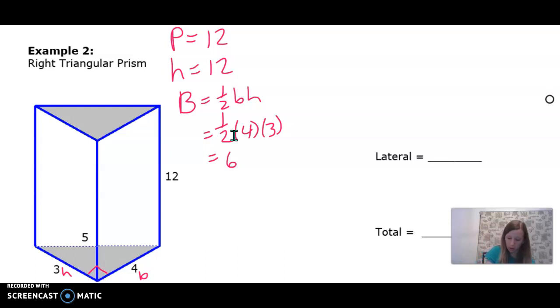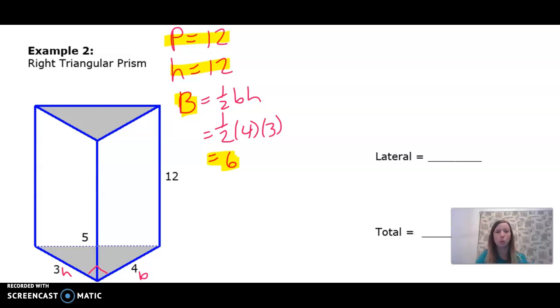I know that took a little while, but we have now found that the perimeter of the base is 12, the area of the base is 6, and the height of the prism is 12. So now we can plug in the numbers that we know into our formula. So the lateral surface area is PH.